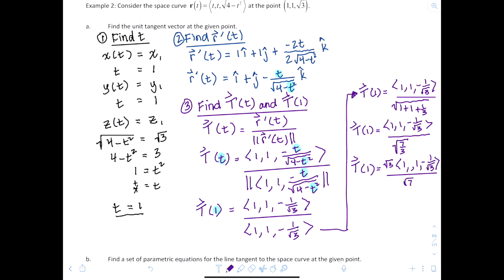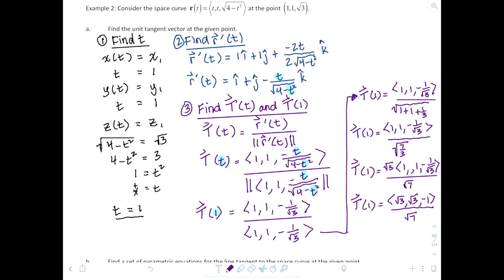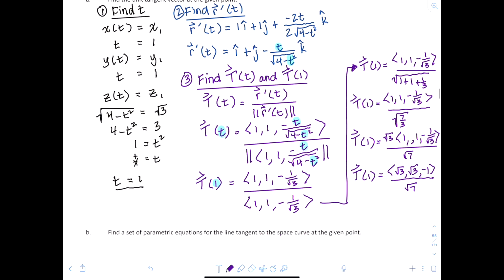And then we would get T at 1 is root 3, root 3, negative 1, all over root 7. If you rationalize, you'll get a slightly different looking response. But there you have it. We figured it out.